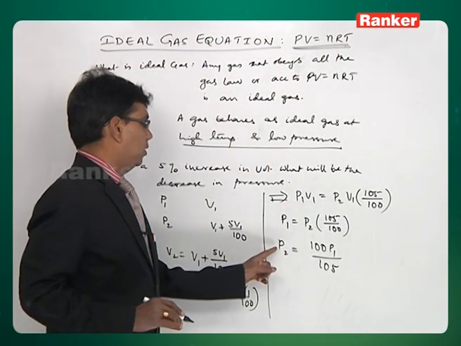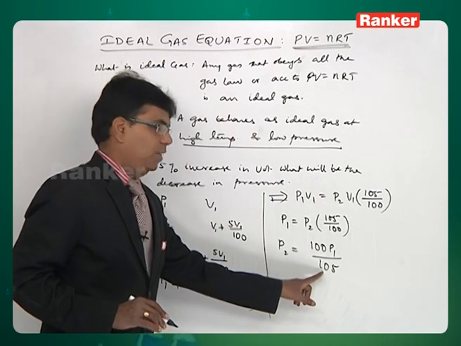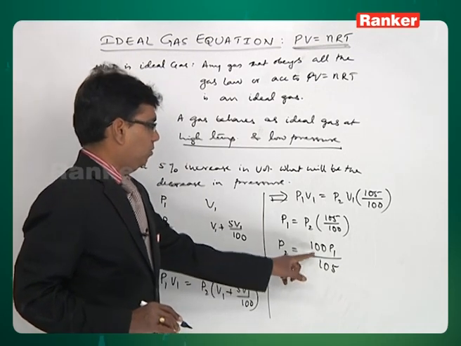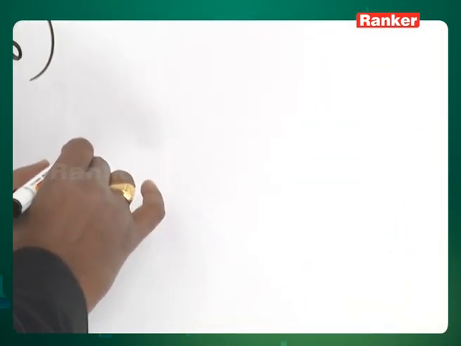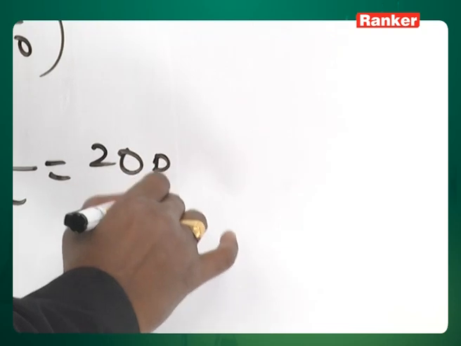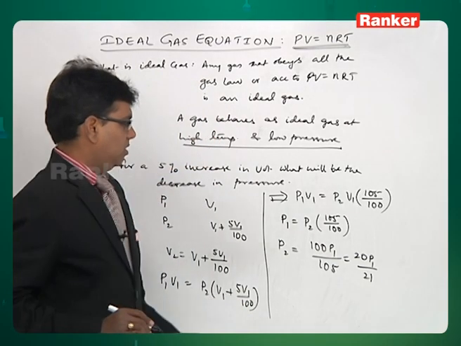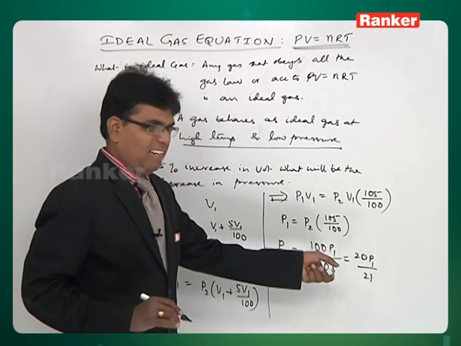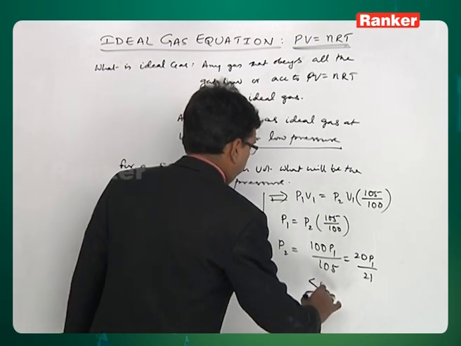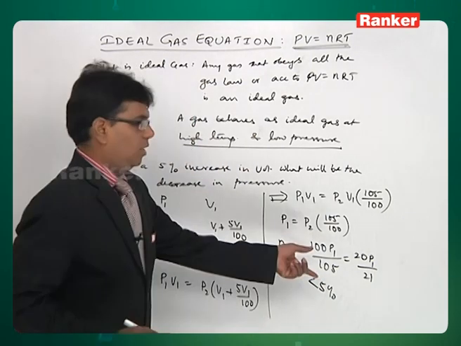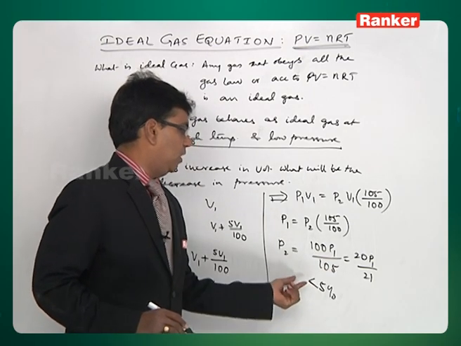So P2 is equal to 100 P1 by 105, which is 20 P1 by 21. So the decrease is less than 5%. This is what the actual meaning is. If you calculate, of course, you can get it right.